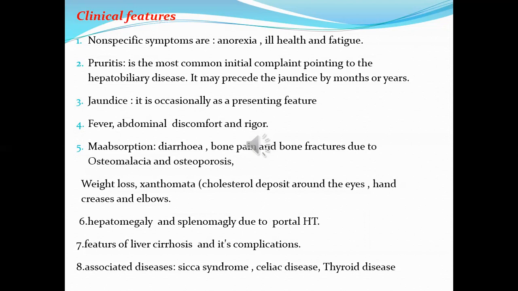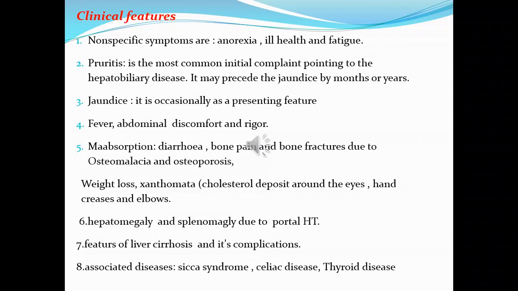Second, malabsorption features. Because chronic obstruction leads to fat malabsorption, it leads to malabsorption syndrome. So the patient presents with diarrhea, steatorrhea, and features of osteomalacia and osteoporosis due to vitamin K deficit. It may lead to weight loss and xanthelasma.